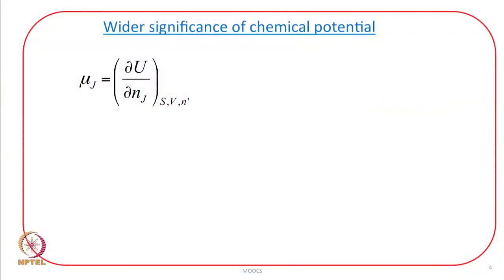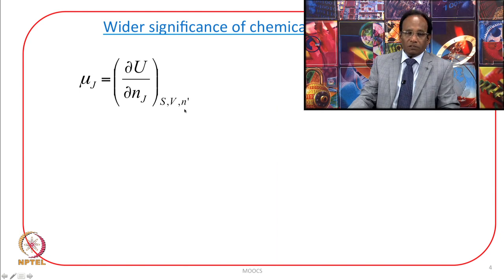Let us take a look at the slide. The chemical potential can be expressed as the partial derivative of internal energy with respect to Nj under constant entropy, volume and n prime conditions.